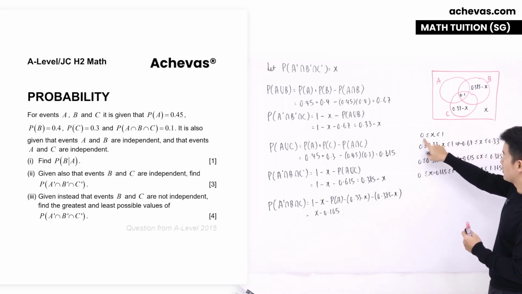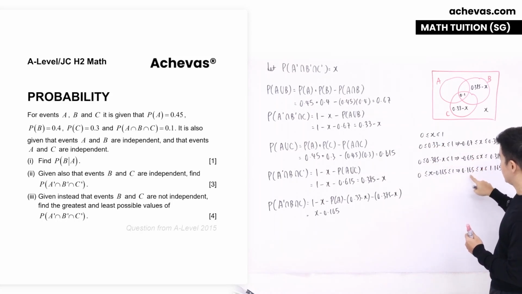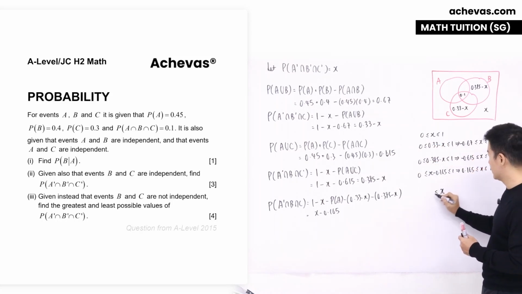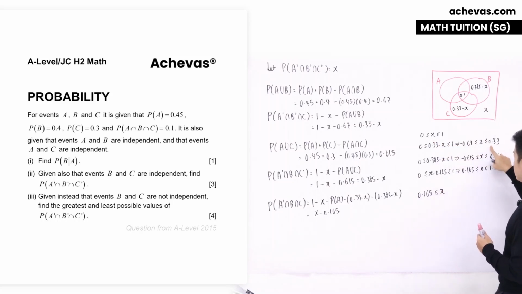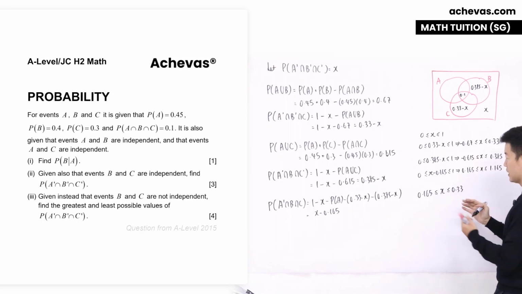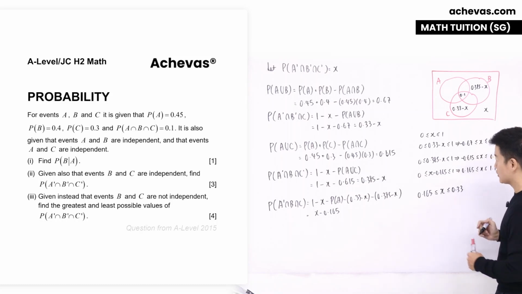So we know X is going to be bigger than 0, bigger than negative 0.615, and bigger than 0.165, which means that X will be bigger than or equal to 0.165. X has to be less than 1, less than or equal to 0.33, and less than or equal to 0.385, which means that X is going to be less than or equal to 0.33. So this is the range of values of X.